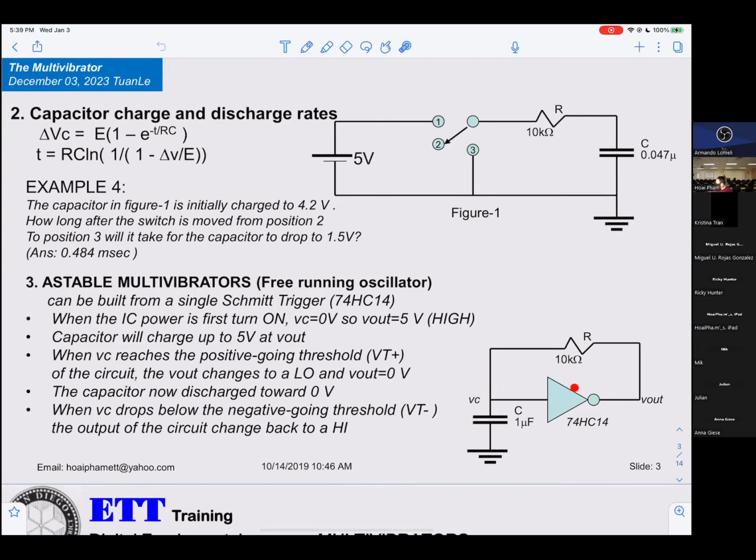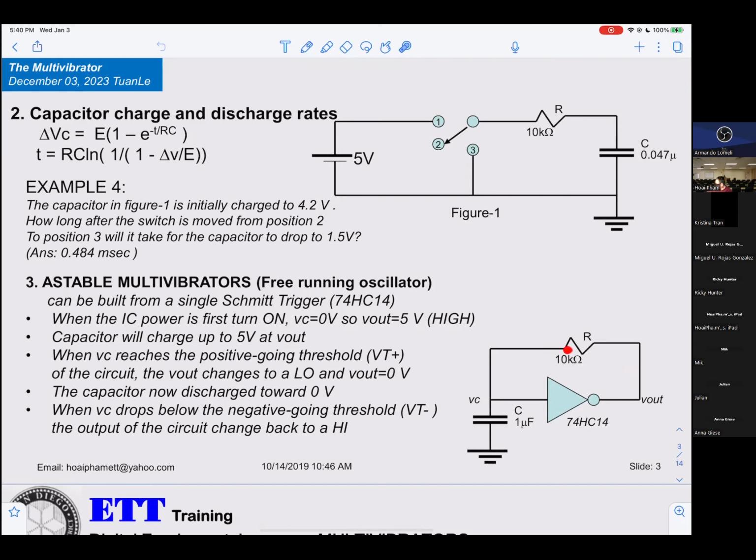You know this is just an inverter. If you get a 0, you get a 1, or if you get a 1, you get a 0. The capacitor will charge up toward 5 volts from the output. At the beginning you turn on at 0, and now you get 5 volts here.